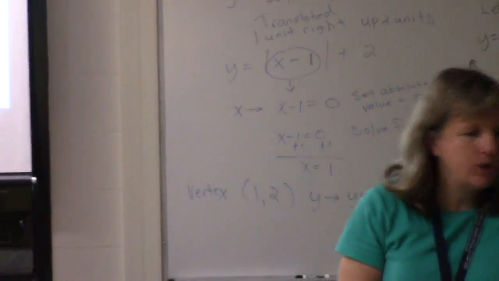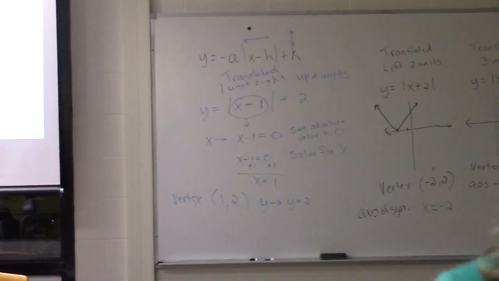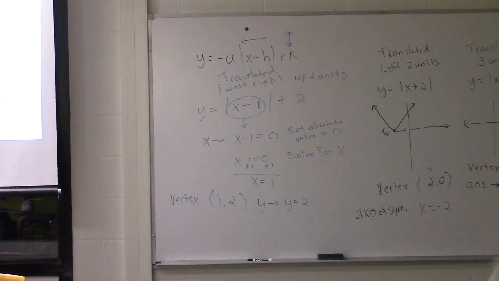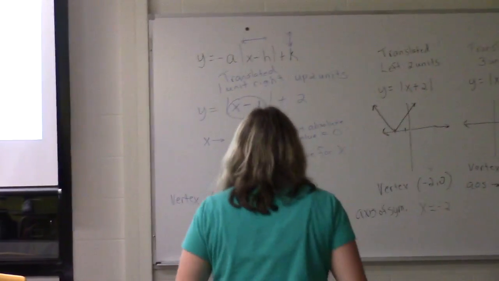So I'm going to let you guys catch up on some of those notes there. Make sure you've got those arrows on your sheet. And we're going to practice a little bit with this. It's not really hard once you figure out the pattern. It's all about figuring out that pattern.